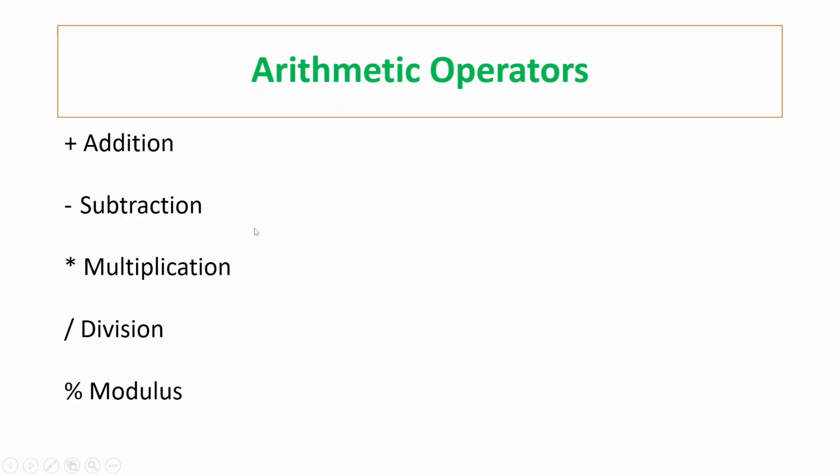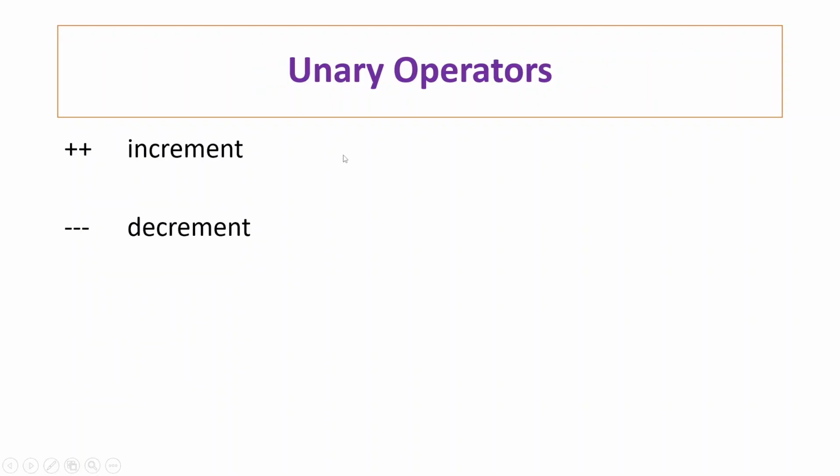Next we will move on to the unary operators. When it comes to unary operators, we have two: plus plus a and a plus plus, or minus minus a. You can use any variable name.